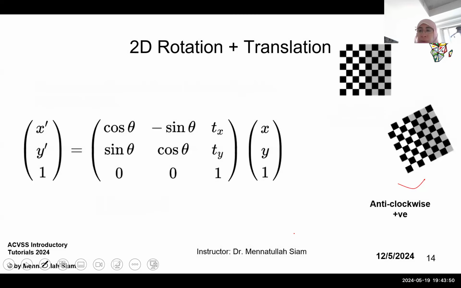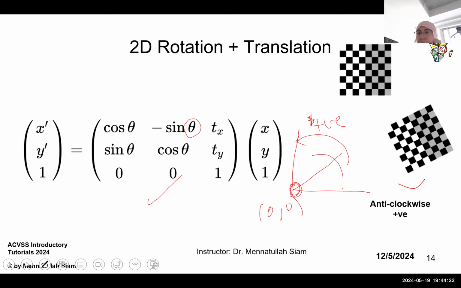Also, one thing to note is that if you're trying to rotate with respect to 0, 0, this is what this angle will be like. You remember how we derived this matrix. So we're always rotating with respect to the origin. If you're trying to do a rotation that is anti-clockwise, then it's a positive angle.